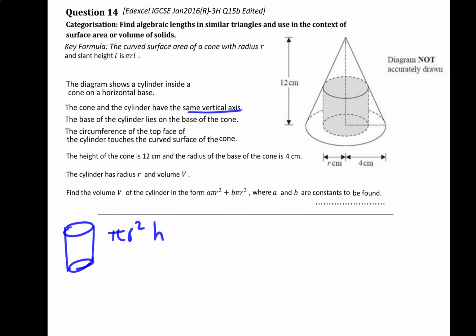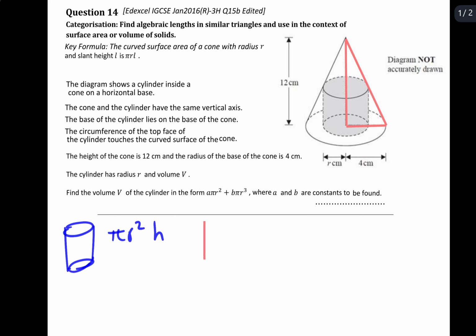So for step 1, we are going to try to see if we can use similar shapes to work out any lengths or potentially areas or volumes that we can from here. Now you might know from looking at cones that actually there is a triangle here that we can see.